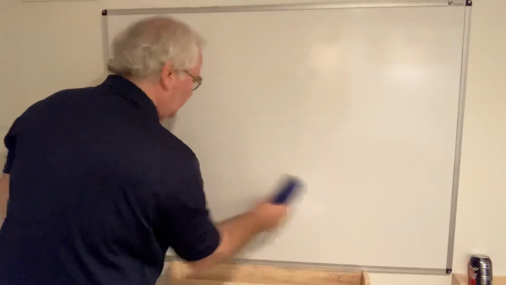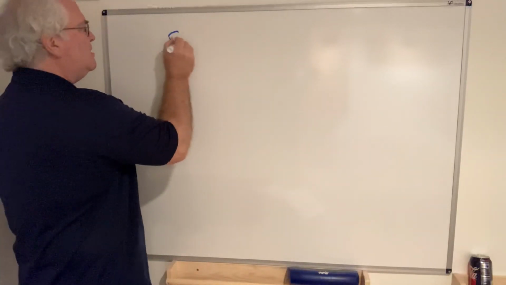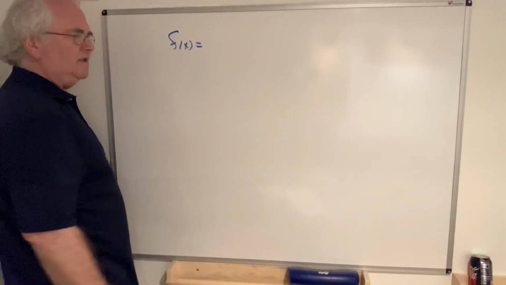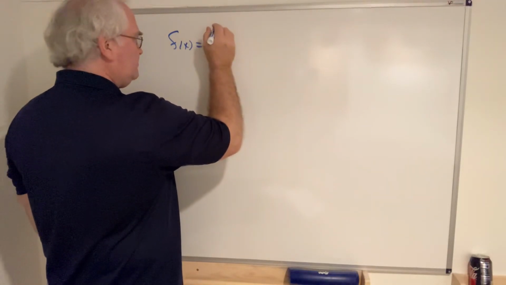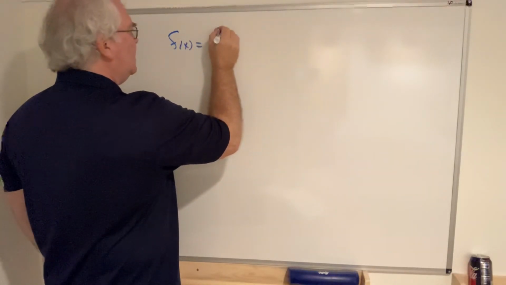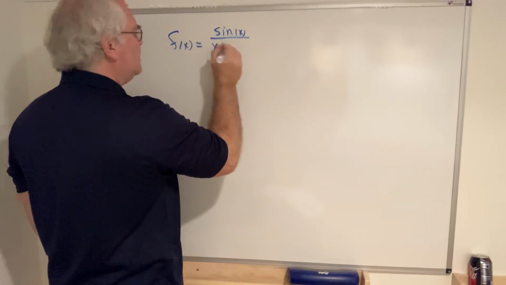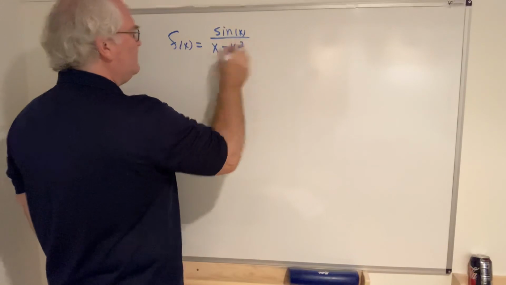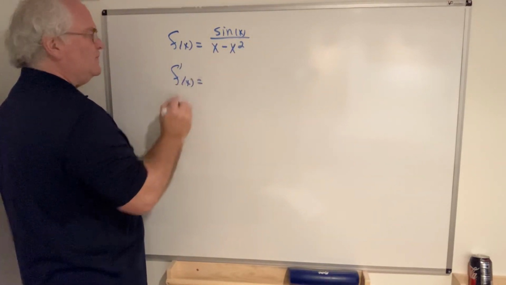Now, the next piece, we'll go through some other examples of the quotient rule. So one more quotient rule. Suppose f of x is, let's just pick something out of the blue sky, sine of x over x minus x squared. Just for one more practice here, let's find the derivative.